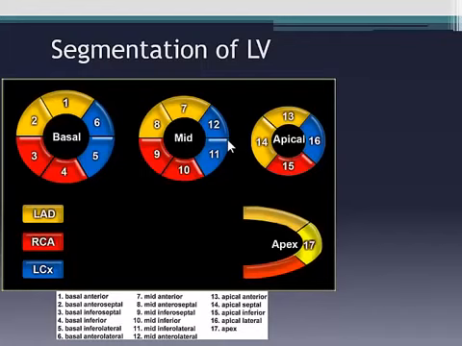On MRI, when we report viability, we always report according to the 17-segment model, and you'll get some smart aleck saying, oh, but it's an LAD territory infarct, and you said there's an infarct in the right coronary. Yeah, well, that's life. It's because the anatomy varies.